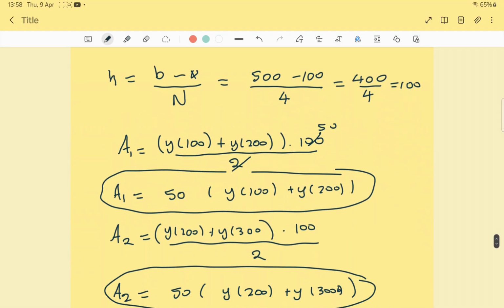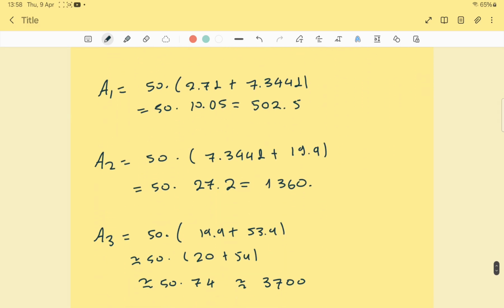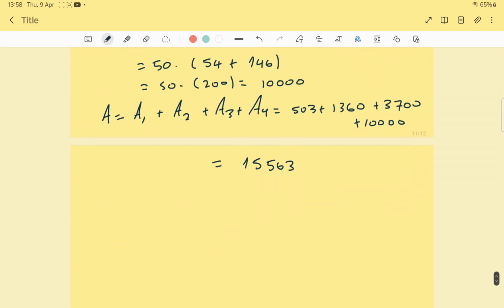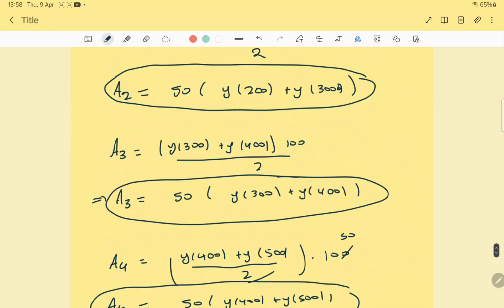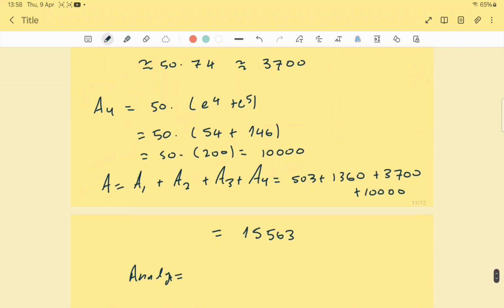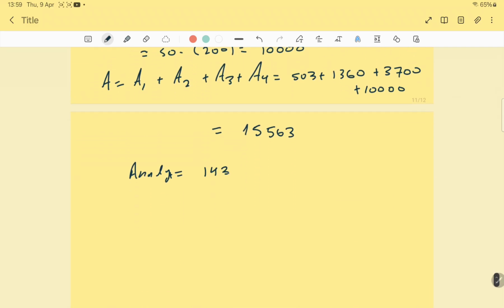And the original result was 14,329. So the analytical result was 14,329 joules, and the numerical result is 15,563.